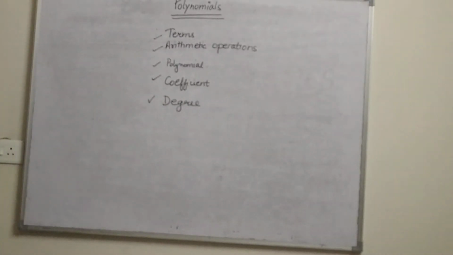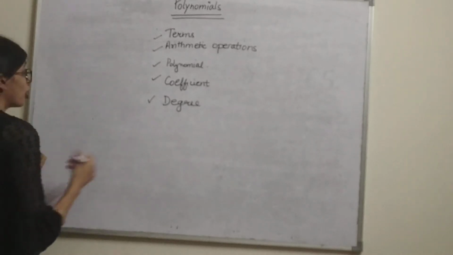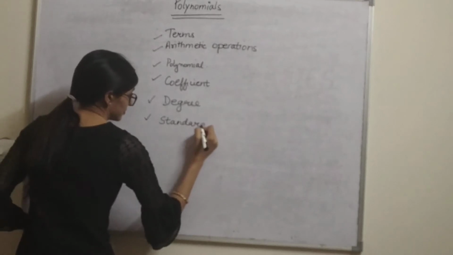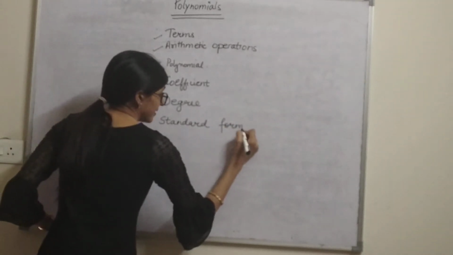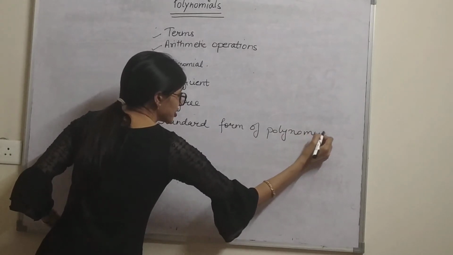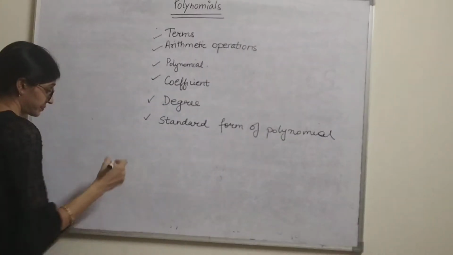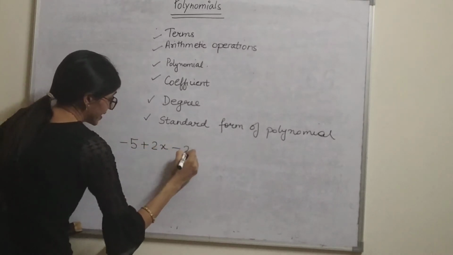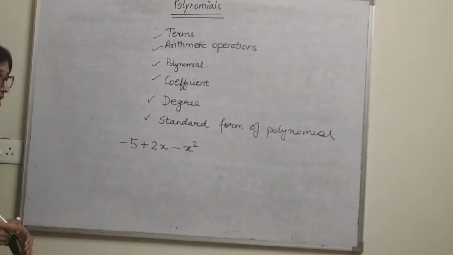Next. Standard form of polynomial. What do you mean by standard form of polynomial? Suppose an expression is given to you: minus 5 plus 2x minus x square.